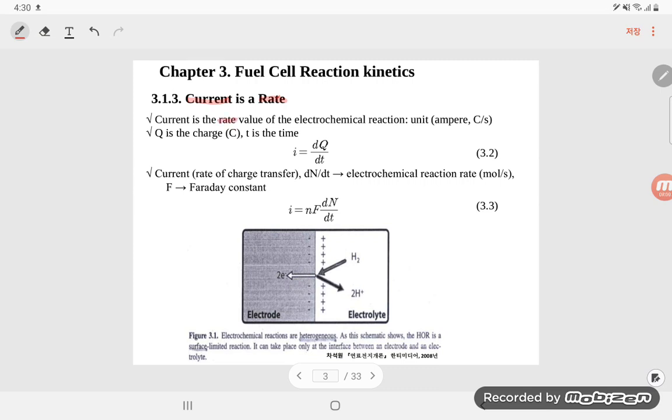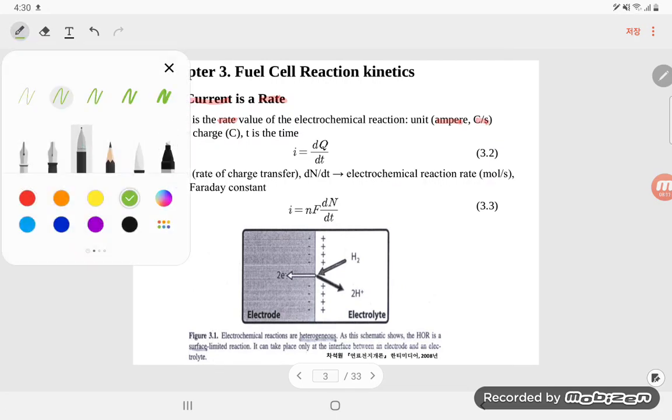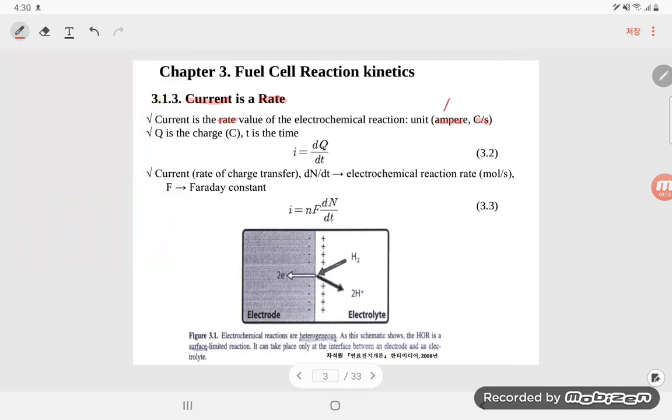The rate is a very important concept, and the unit is expressed in ampere, which is the same as coulomb per second. So ampere equals coulomb per second.